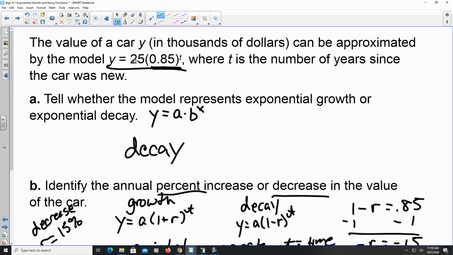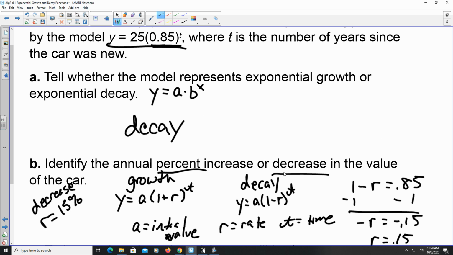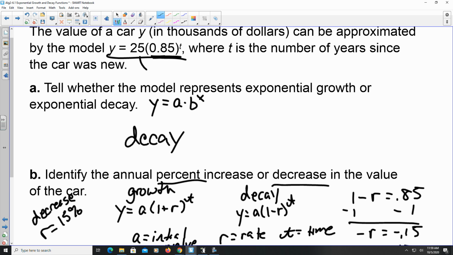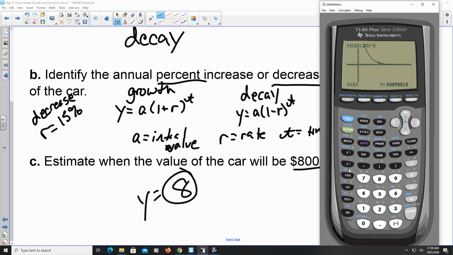Because originally it was 25,000, we're basically trying to find where y is 8. In order for this to make sense, we have to find y equals 8 in the graph. Finding where y equals 8 in the graph, go a little trace, up, up, up.